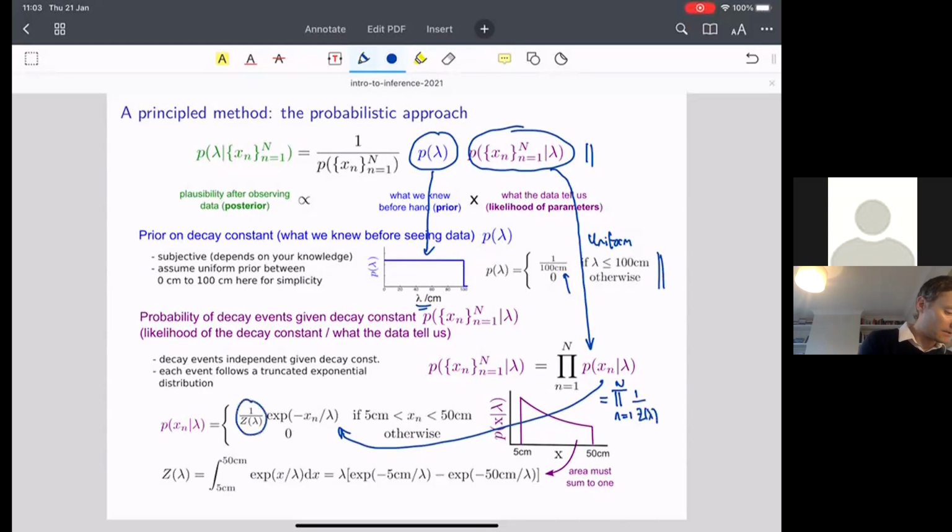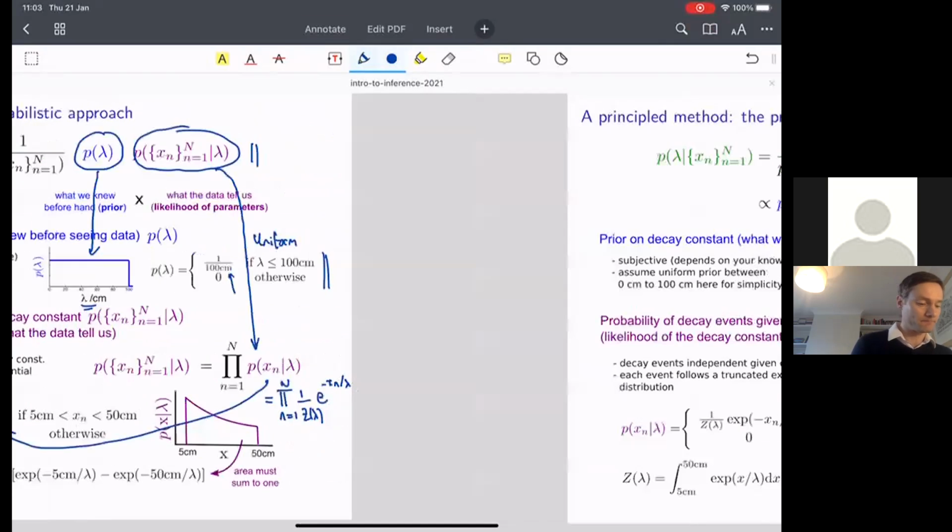That's this term. And then we get the exponentials e to the minus x_n over lambda. And we can turn a product of exponentials into an exponential of the sum. And so we can actually rewrite this likelihood term in the following way here.